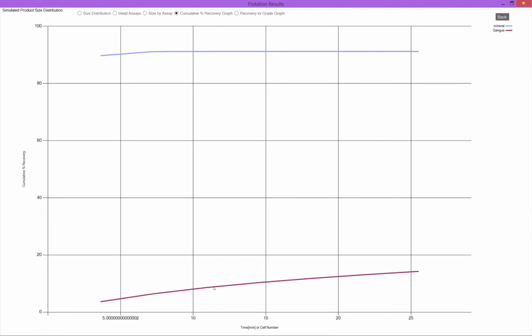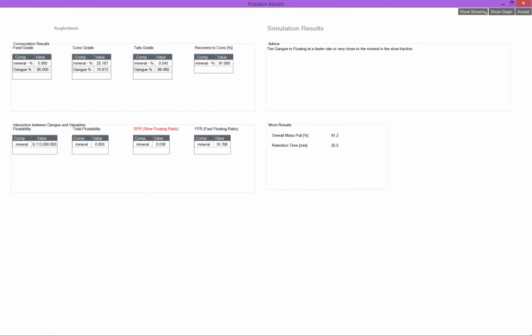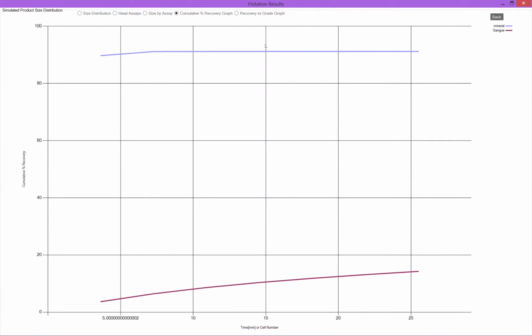In this case, gangue will be recovered after a certain point. So this data has been chosen to show that even though you can get a good result, your operation might not be effective.